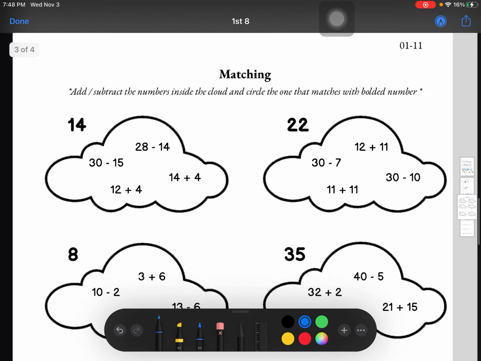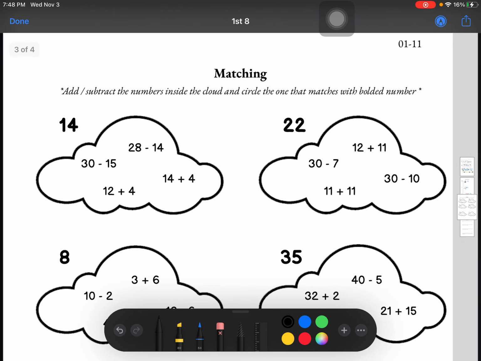Now we'll move on to the matching section. For this one, we have to solve all the problems inside the clouds and find out which one matches with the bolded number. So for this first one, we'll start with 30 minus 15, which is 15 if we do the math. So that means 15 and 14 do not match.